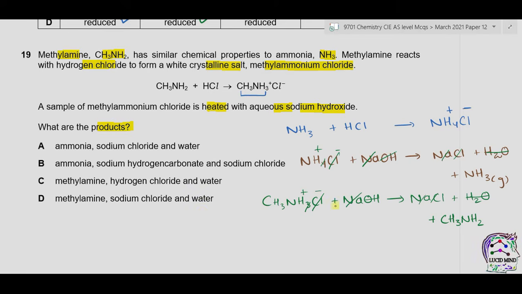So the product is sodium chloride, water, and methylamine. Correct answer is therefore D.